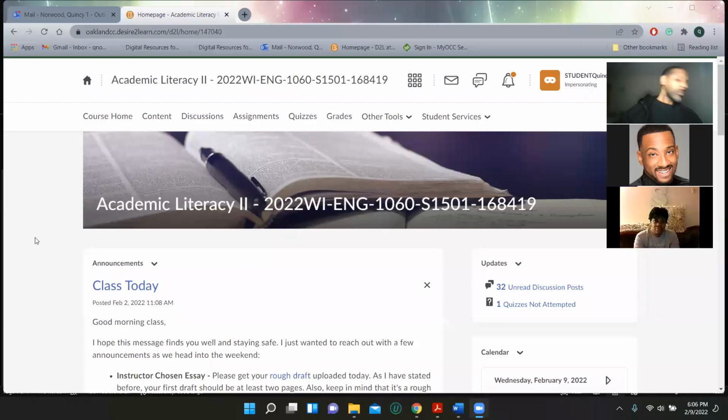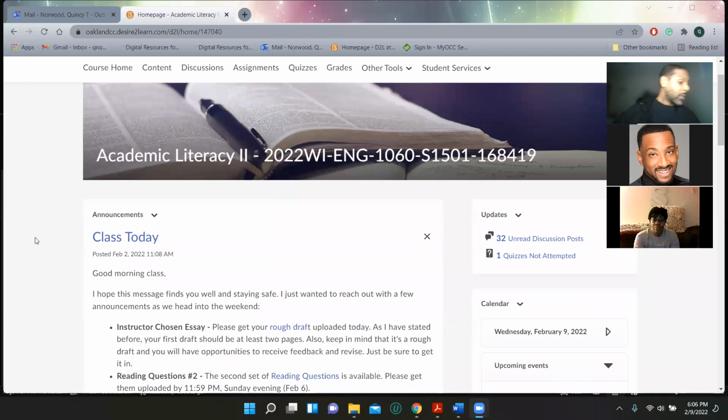Okay. So I'm on D2L right now and I'm in student view, so my screen looks like your screen. In order to access your assignment, it's really the same way that you've been looking at your reading questions.